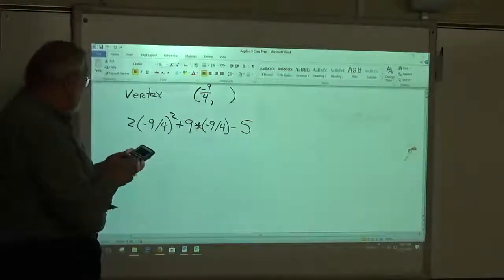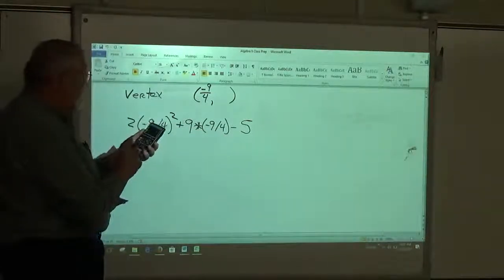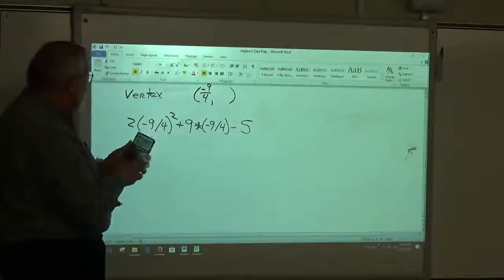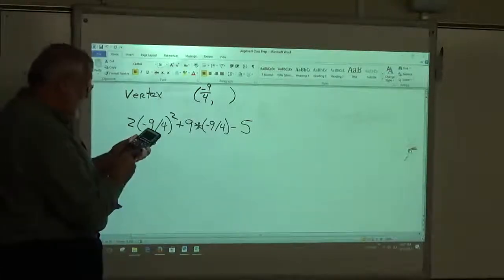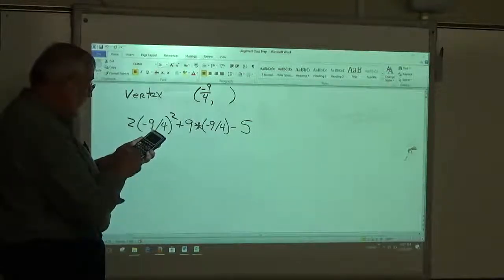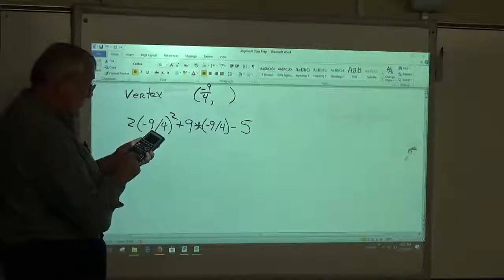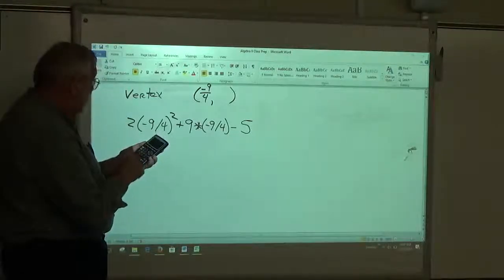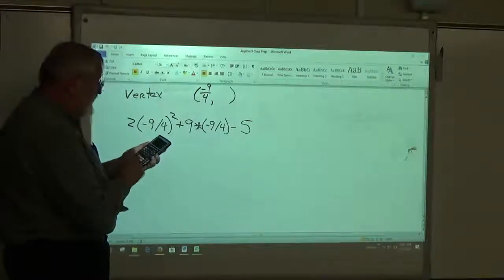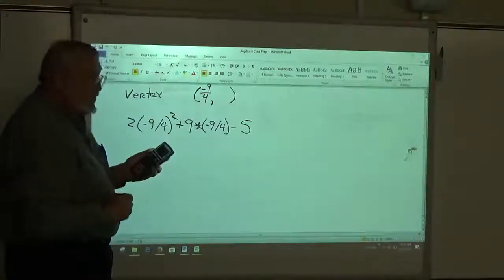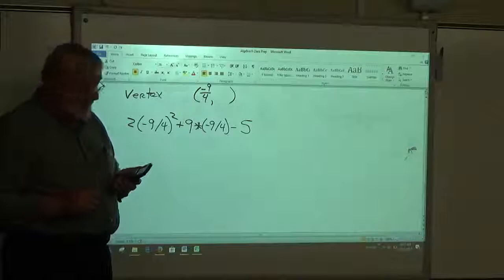Did you have the parentheses around it? Yeah, you have to have the negative 9 divided by 4 in parentheses before you square it, and then plus 9 parentheses negative 9 divided by 4 minus 5, and I get negative 15.125.